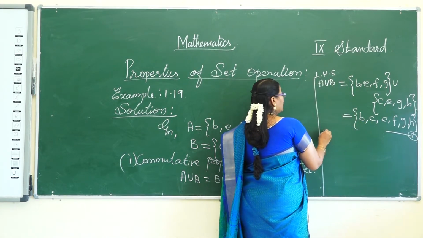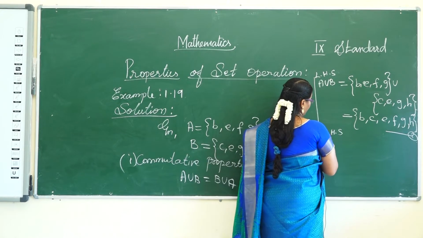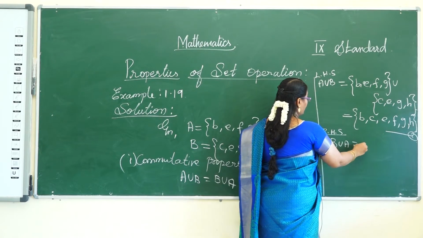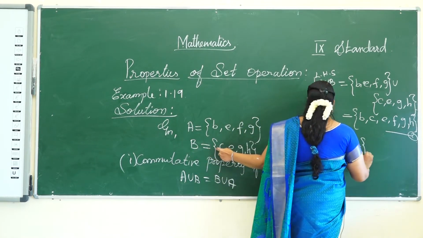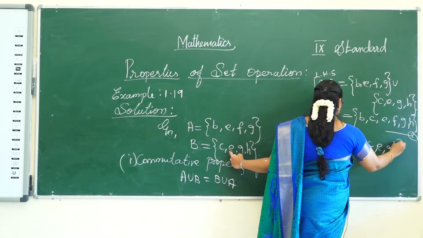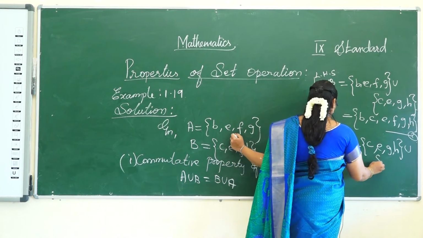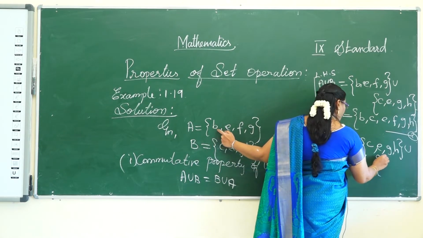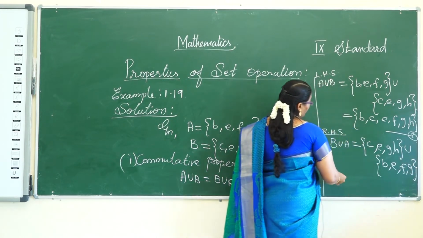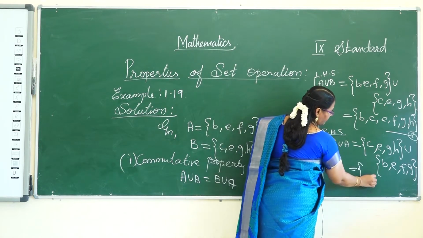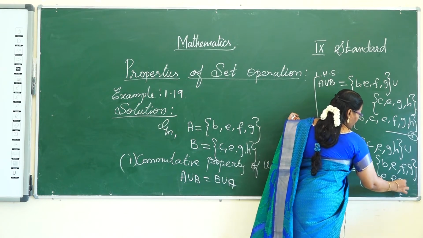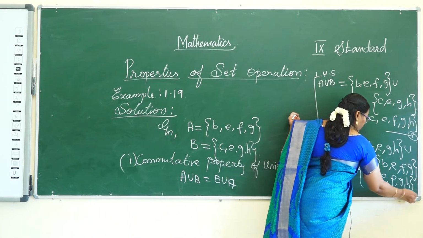And next, the right hand side. B union A is the set of elements c, e, g, h union the elements in set A, which are b, e, f, g. Join all the elements: b, c, e, f, g, h. This is denoted equation number 2.